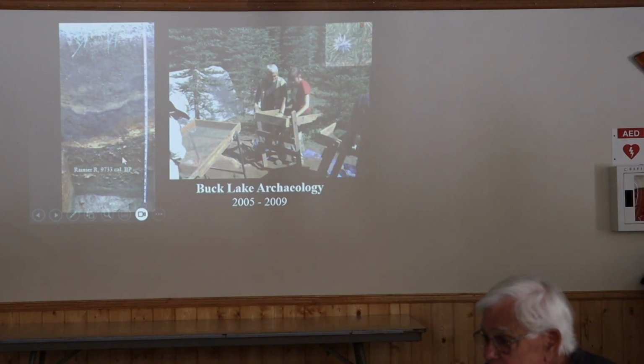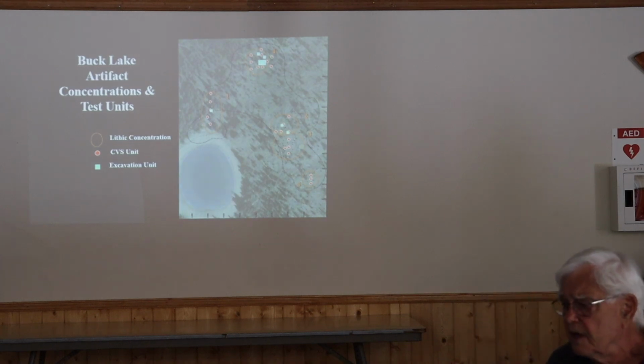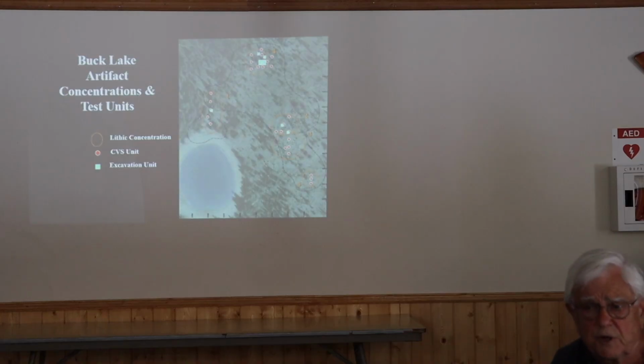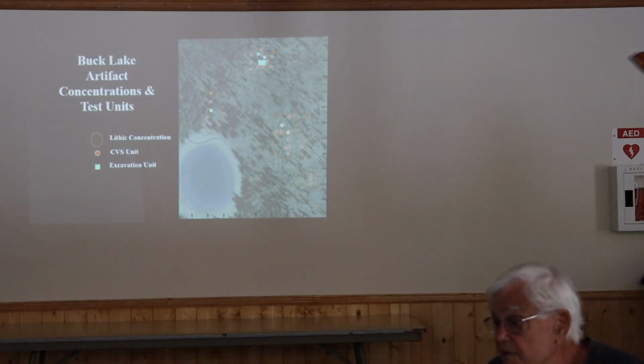Buck Lake was a project we conducted for 5 years, and we still do archaeology in the park, in a 3-stage mechanism. First, visually survey the surface, identifying archaeological cluster surface remains. Here's Buck Lake, surface remains.